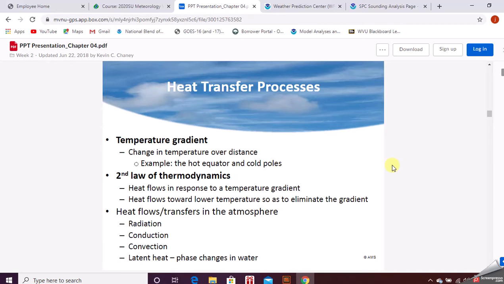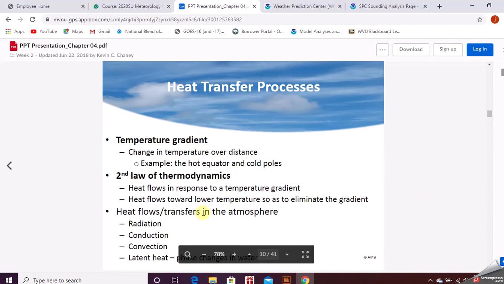And you're quite cold, probably, compared to that hot. The heat that was transferred was being transferred to your skin from that hot object. That's basically all the second law of thermodynamics is saying. Heat flows in response to a temperature gradient. It will always flow towards lower temperature, in this case, your skin. So there was a transfer of heat.